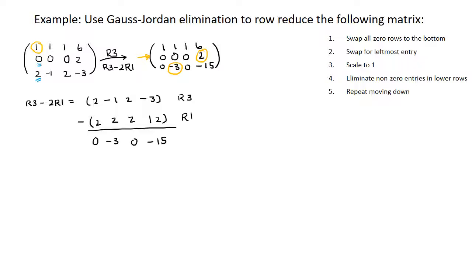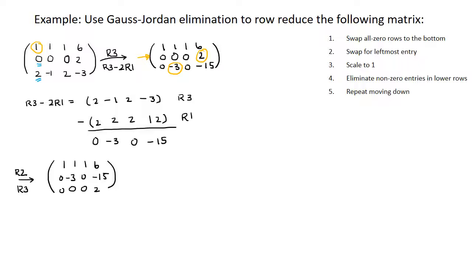So we're going to swap row 2 and row 3. Okay, so we get 1, 1, 1, 6, 0, negative 3, 0, negative 15, 0, 0, 0, 2.